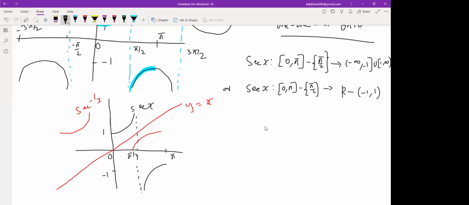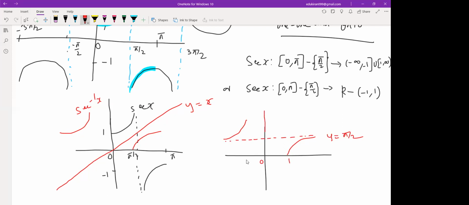So if you want to draw it separately, you can draw it like this, and then like this. So this is the line y equal to pi by 2, and this is 1, this is -1.